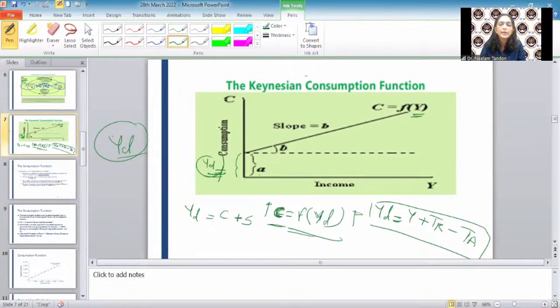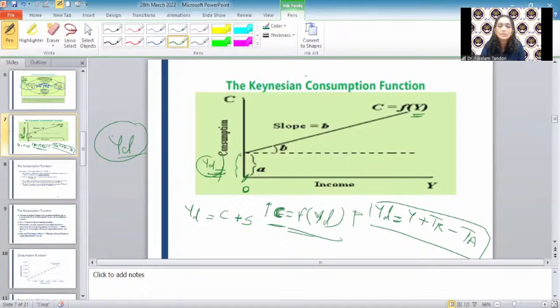And number two, if you're not earning, if you're not having any income, that doesn't mean you will stop consuming. So this consumption is there even at zero level of income. Can you see here the income is zero and still the consumption is there.